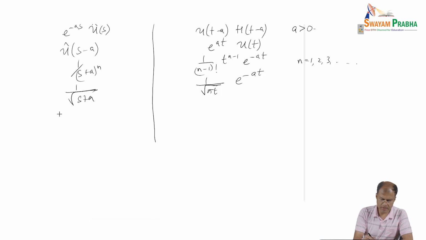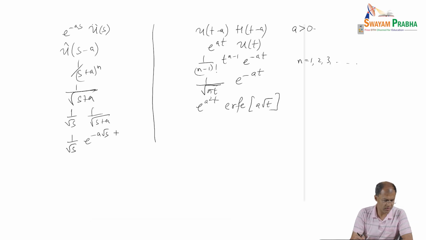And then the transform of 1 over square root s by square root s plus a comes out to be e to the power a square t times the error function complement of a square root t. And then the transform of 1 over s e to the power minus a square root s is 1 by square root pi t e to the power minus a square by 4t, where a is greater than 0.